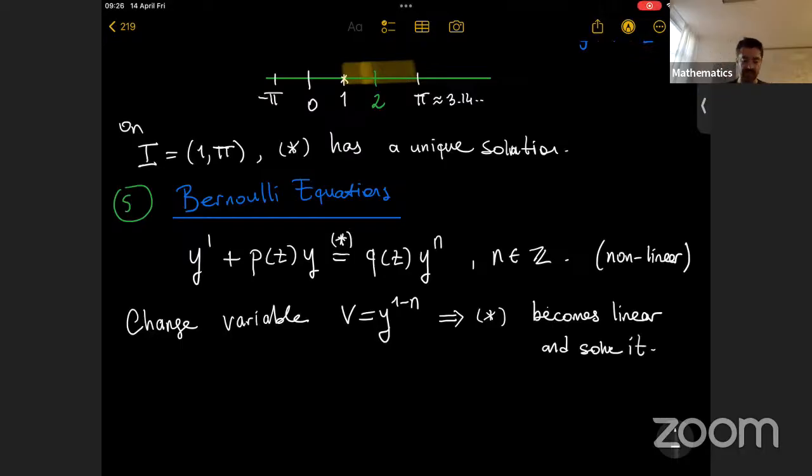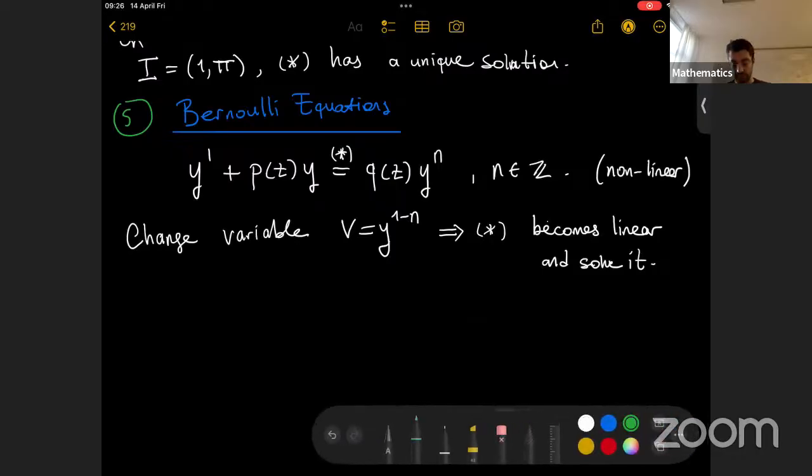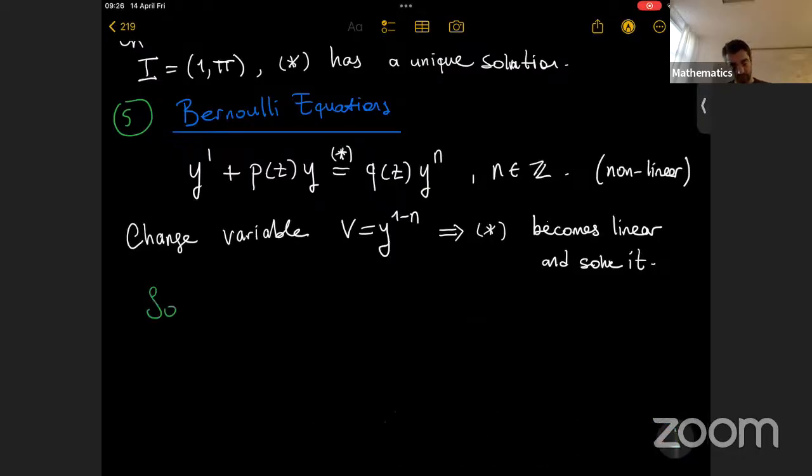Let's do one example and see how it works. So let us solve t squared y prime plus 2t y is equal to y cube, okay?